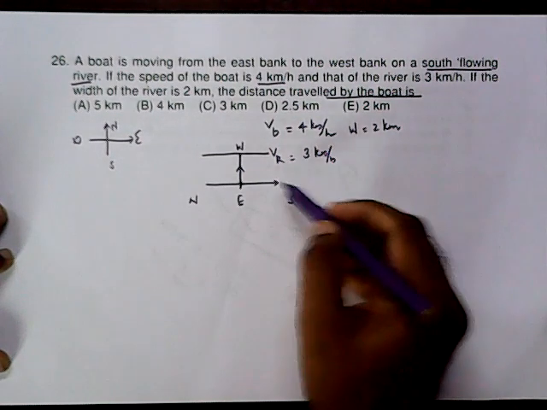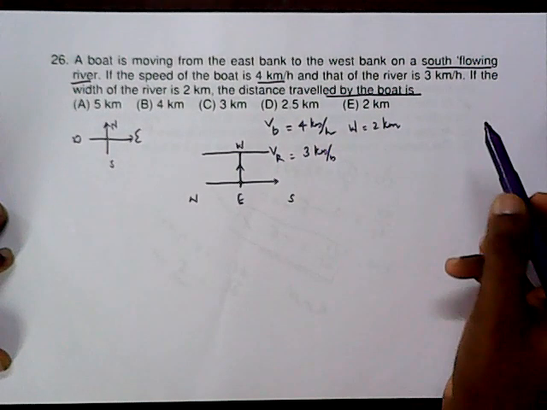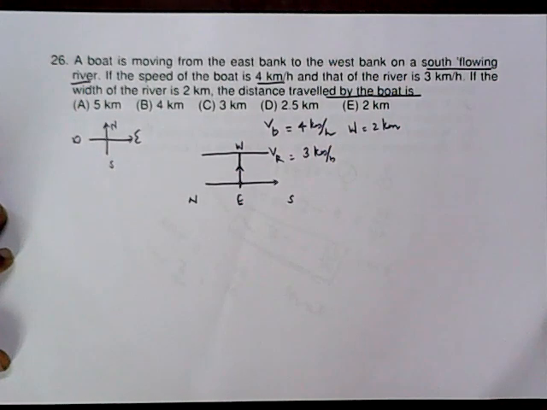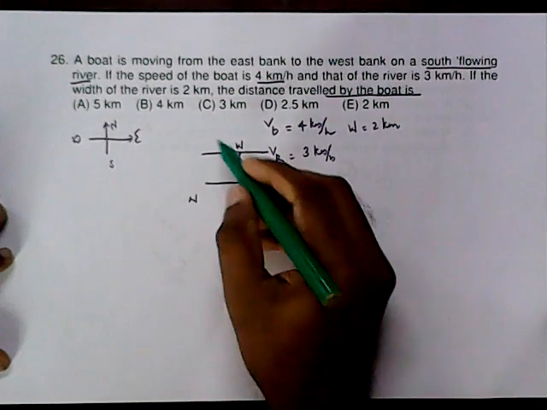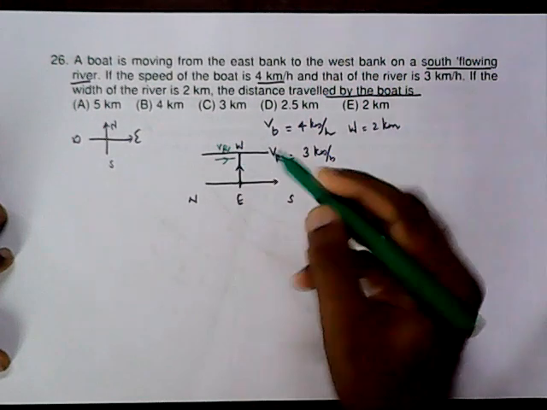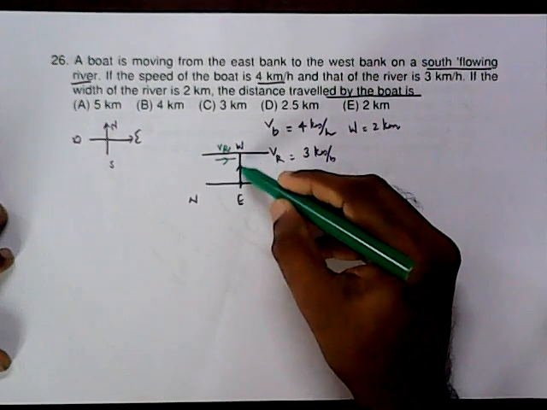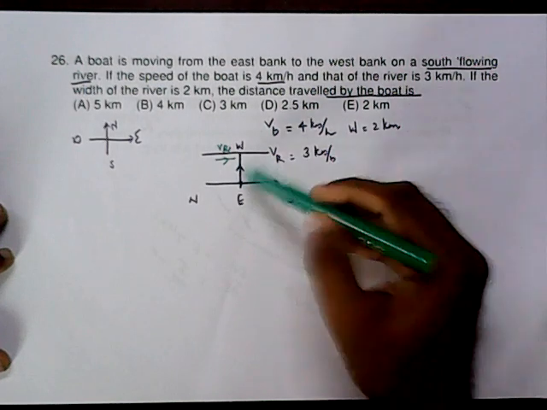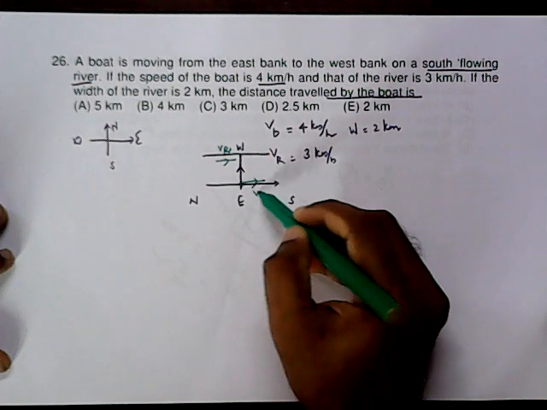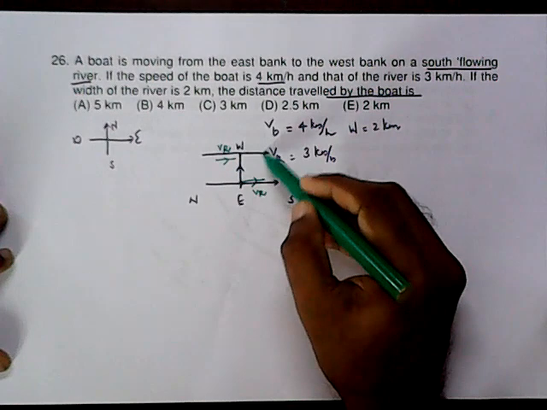Keep in mind the river is flowing towards south, so that is a speciality here. So the river velocity is acting in this way. The boat is moving towards west, but because of the river velocity, it will reach this point.